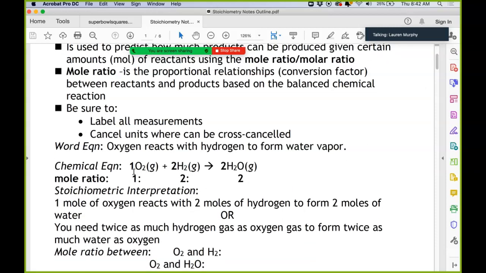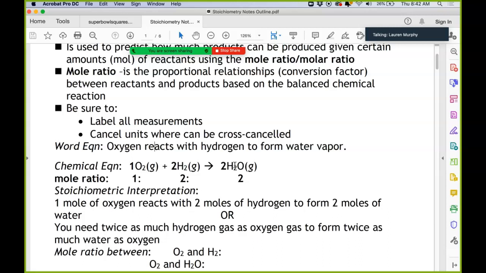And this is kind of like a recipe if you want to make something, right? So if you want to make cookies, you have a set amount of flour you need and a set amount of sugar and whatever else, baking powder, whatever else you put in there, but they're put in there as perfect ratios. So if you change one, you have to change the other one respectively, otherwise your cookies won't come out properly.